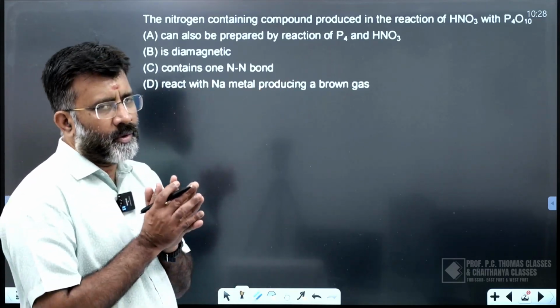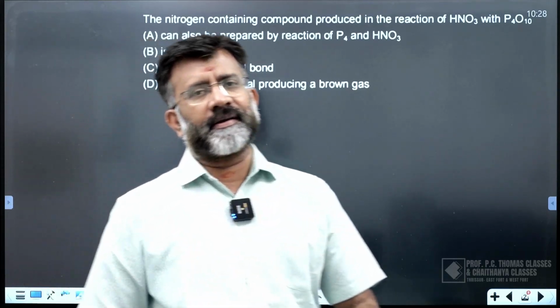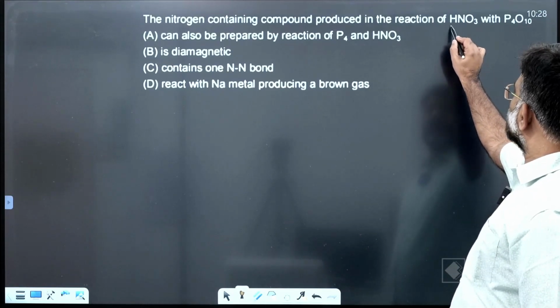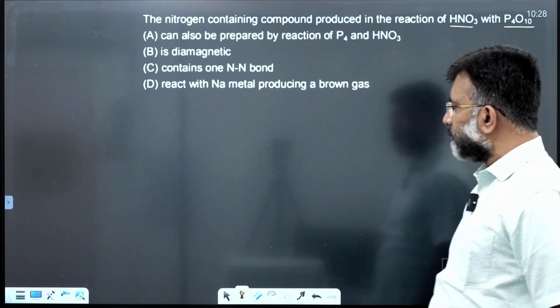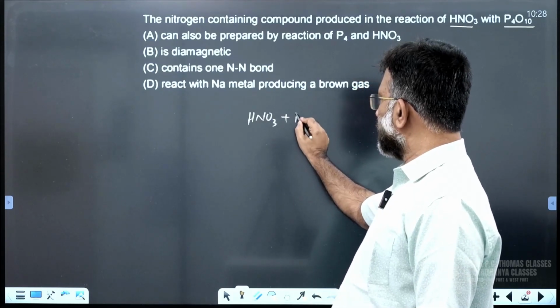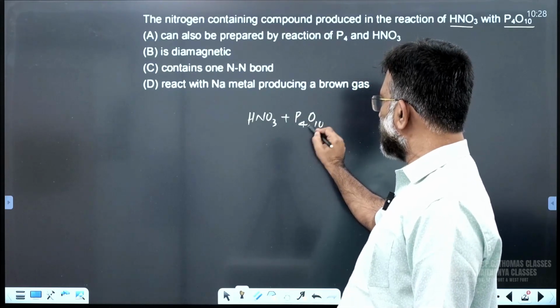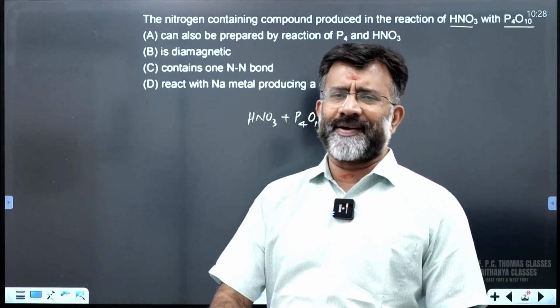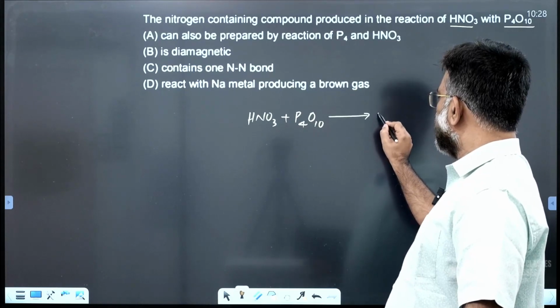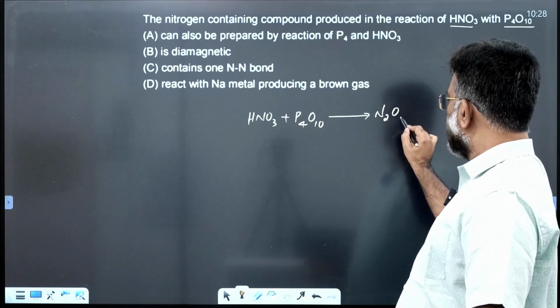So we want to know the nitrogen compound obtained when nitric acid is treated with P4O10. What is the reaction? Nitric acid HNO3 interacting with P4O10, which is an excellent dehydrating agent. I think many of you are aware of this. You get the anhydride of nitric acid.